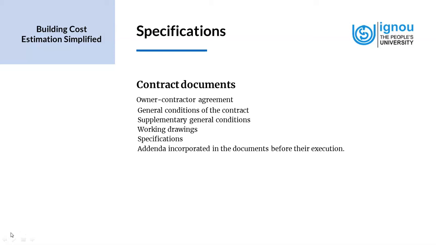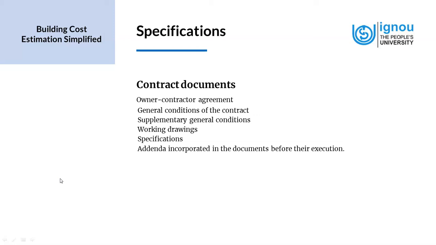Now, to convey a clear understanding of the work that is to be done through the specification, it is necessary to prepare complete and accurate specifications and also to supplement them with accurate drawings. Both specifications and drawings are complementary to each other and may even be incomplete without the other.